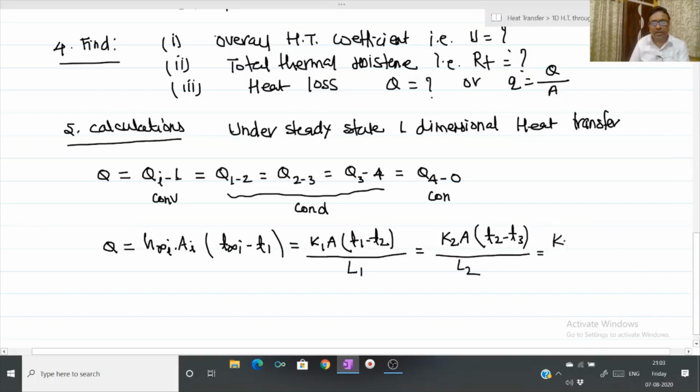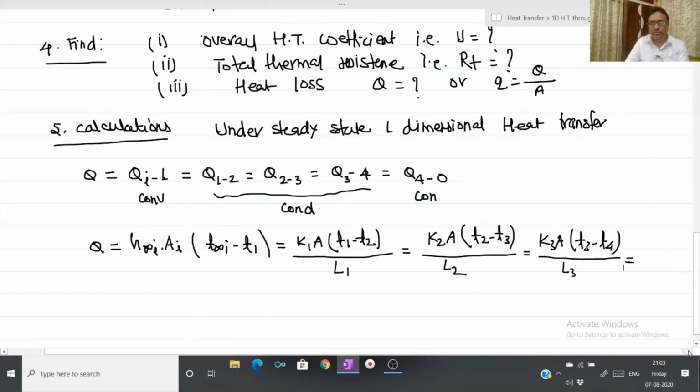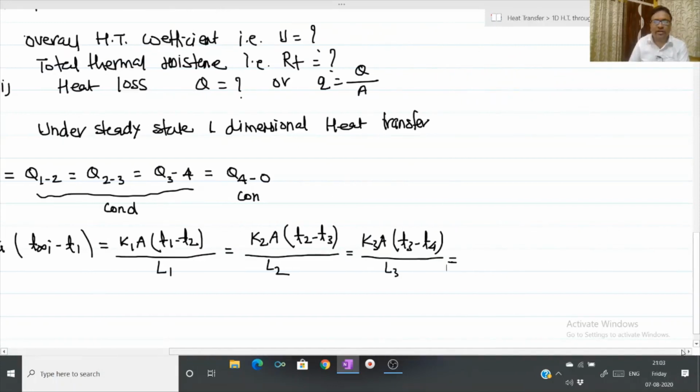Then for concrete wall, k3 A, T3 minus T4 over L3, and final rate of heat equation will be by convection from concrete wall to the cold air.